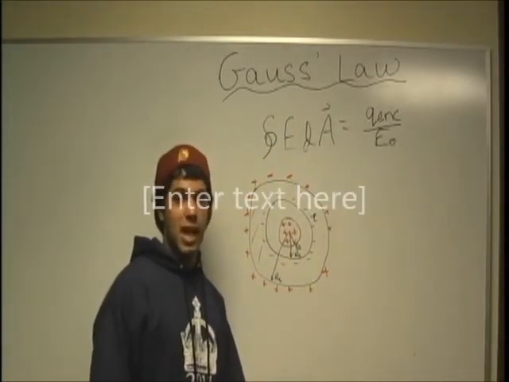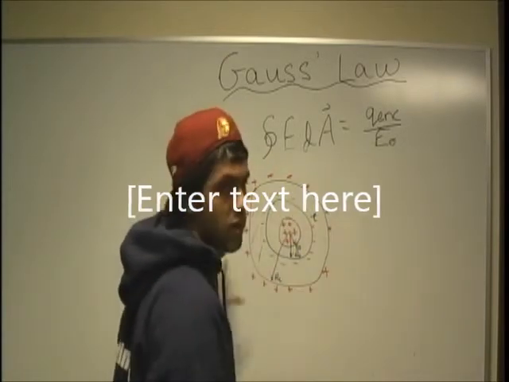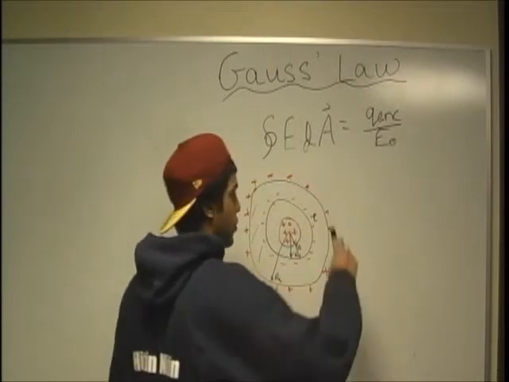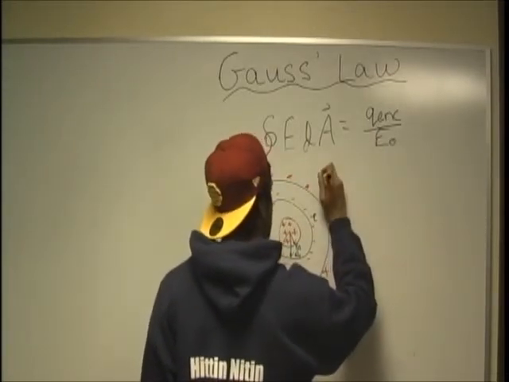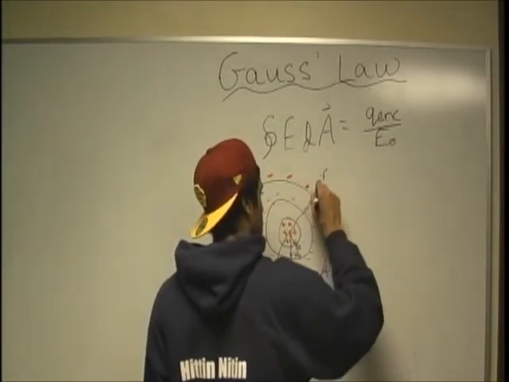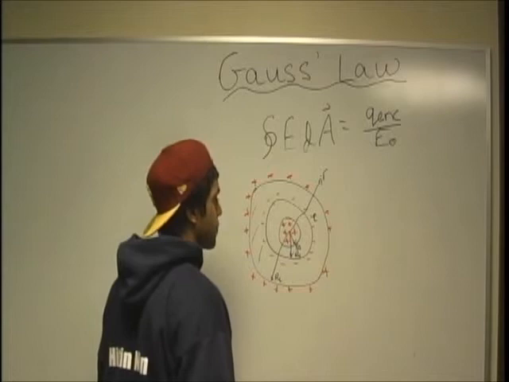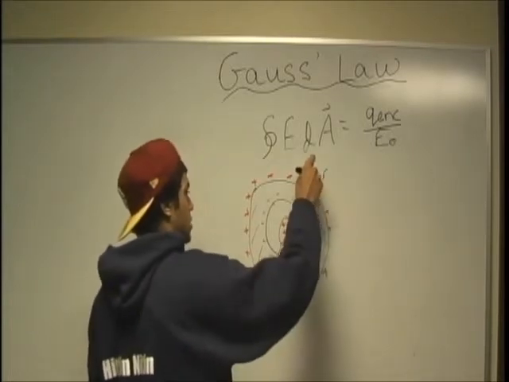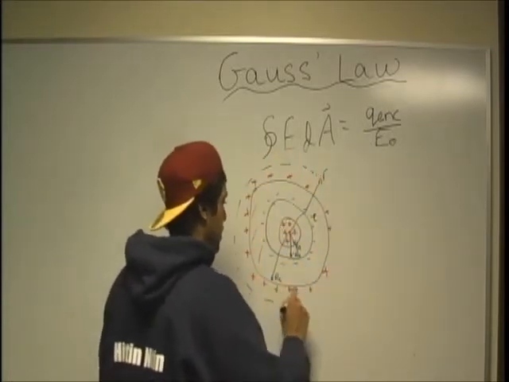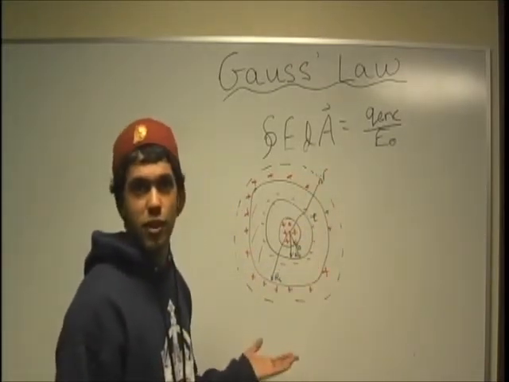So the last thing we're going to look at with this entire setup is going to be outside. So let's pick a point outside of this, that's r away again. So again, our sphere is going to be out here. And guess how much charge is enclosed? Everything.